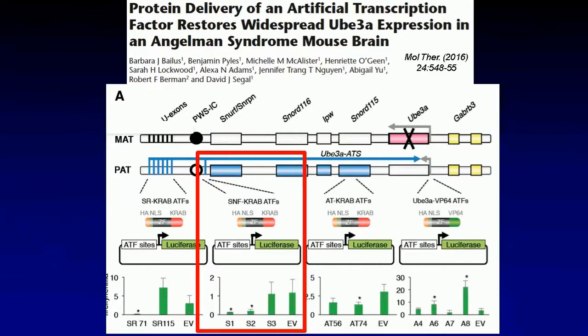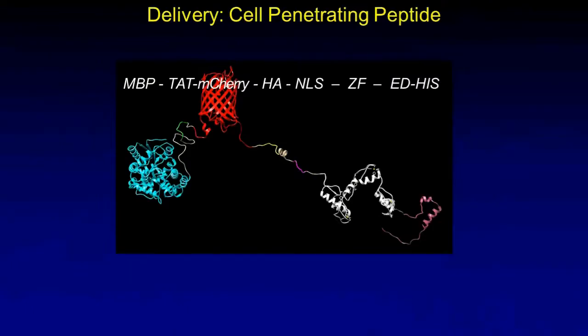And we also tried some transcription factors to repress expression of that antisense. And in fact, what I'm going to tell you about today is our successes in using artificial transcription factors to turn off the antisense, and that then turns on the UBE3A. I also want to point out that in these studies, we were also using zinc finger-based transcription factors, but probably the other platforms would do a similar job.